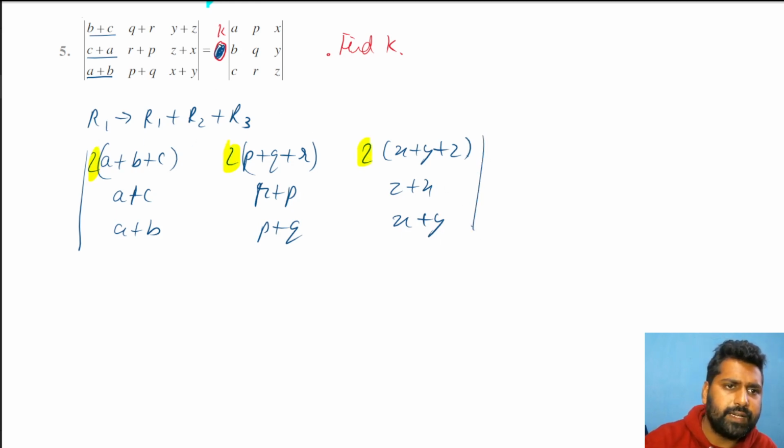In the first row, I can take it outside. So I'm erasing it, not rewriting, and I'm writing it outside.